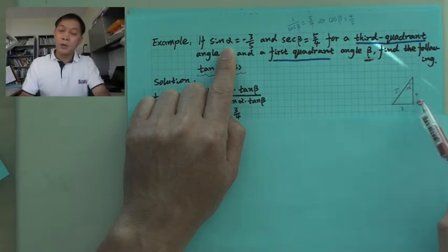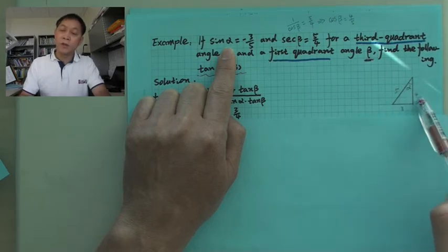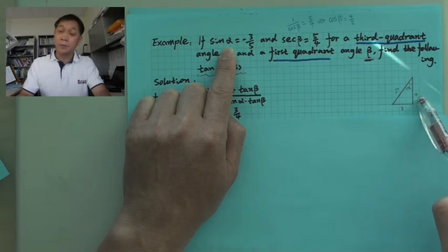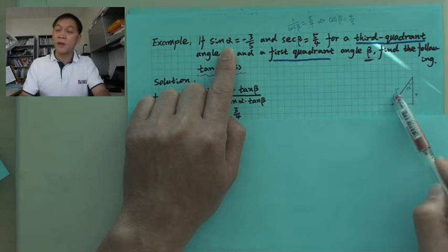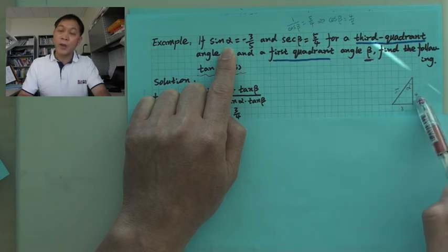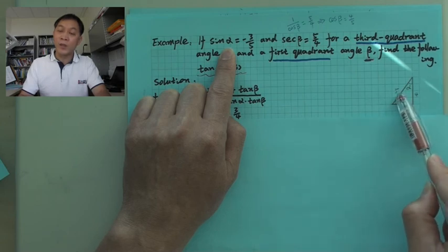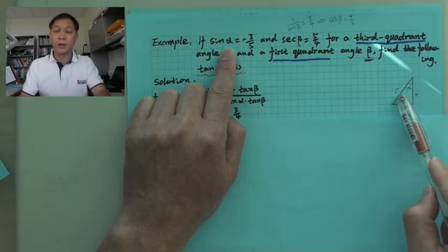Then this side is 3, hypotenuse is 5. This side will be 4, because 3 squared plus 4 squared is 5 squared. 3 squared is 9, 4 squared is 16, added together is 25, and 25 is 5 squared. So we know this is 5.